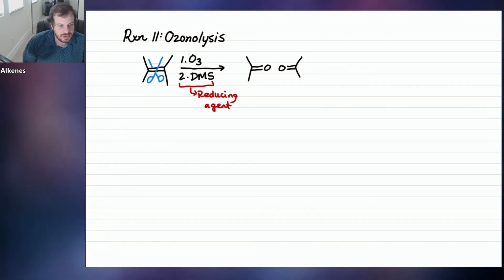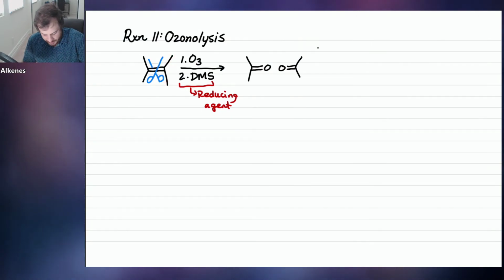Isn't that cool? It's the only reaction we've actually learned that lets us break a carbon-carbon bond. And not just a carbon-carbon bond, but a carbon-carbon double bond. So we're cutting it right down the middle, and we're getting 2 ketones, or a ketone and aldehyde, depending on if there's hydrogens or carbons on both sides.